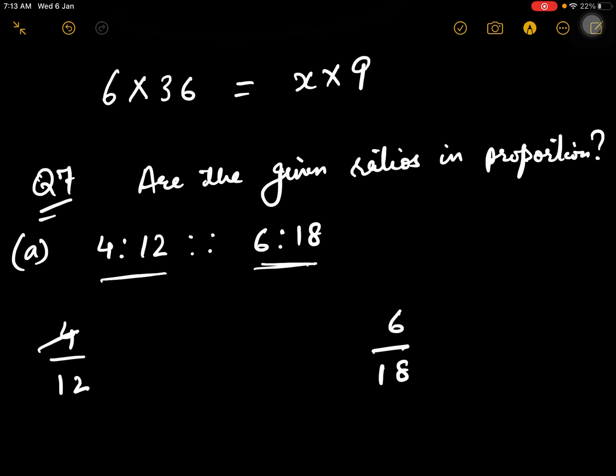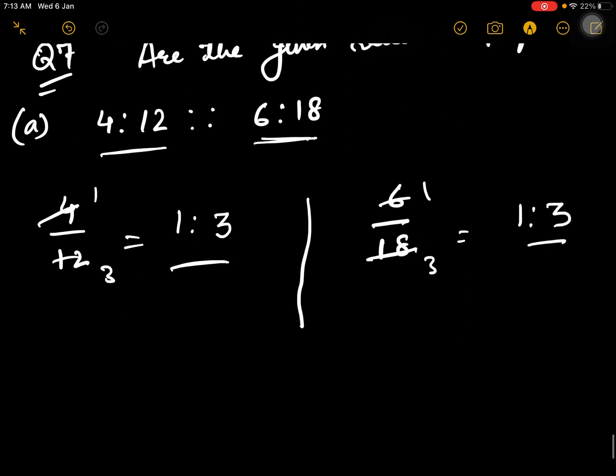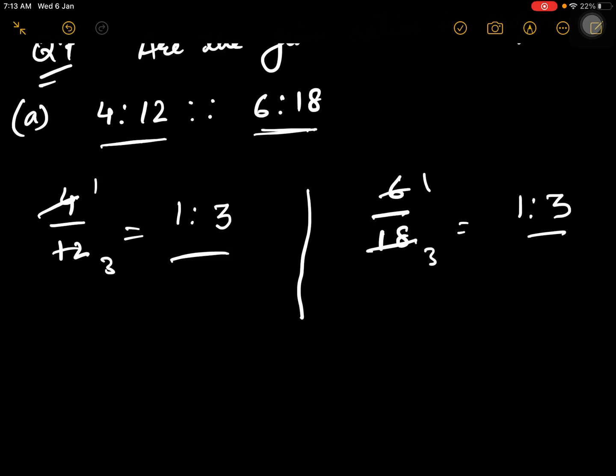So simplify it. 4 ones are 4, 4 threes are 12, so 1 is to 3. And 6 ones are 6, 6 threes are 18, so 1 is to 3. So the given ratios are equal, so they are in proportion.